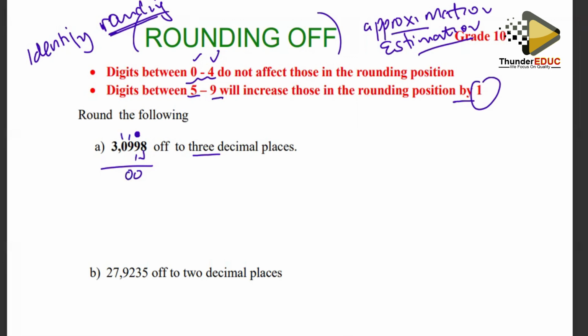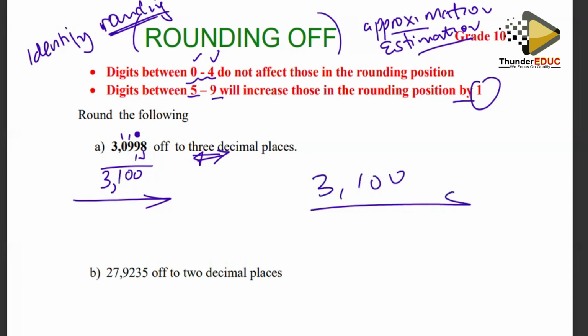Then 0 plus 1 is 1, giving 3,100. Remember we said zeros after the comma are useless. But if a question asks you to write to a given number of decimal places and in those places there are no numbers, you have to indicate the zeros to get to what the question was asking for. So 3,100 becomes our answer.